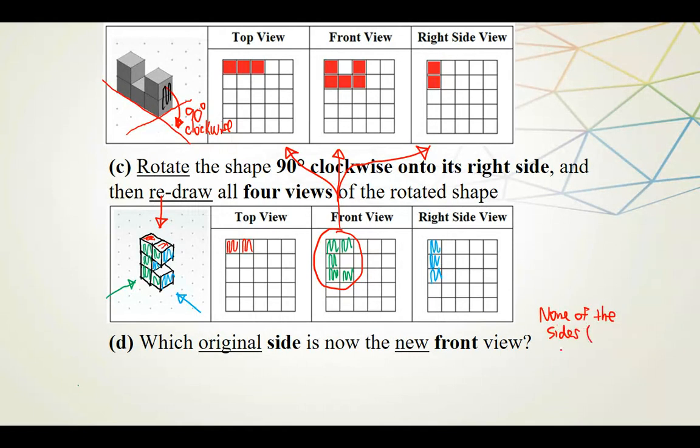And I can put in brackets, the front view has the correct shape, but the wrong orientation. And that's it.